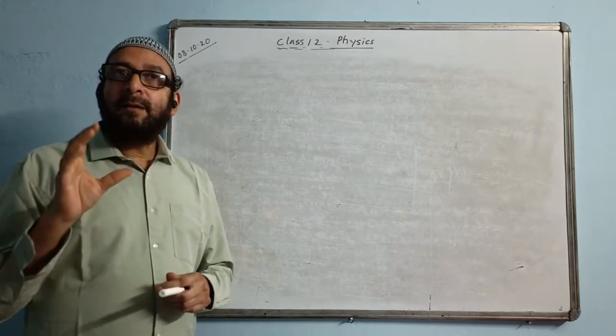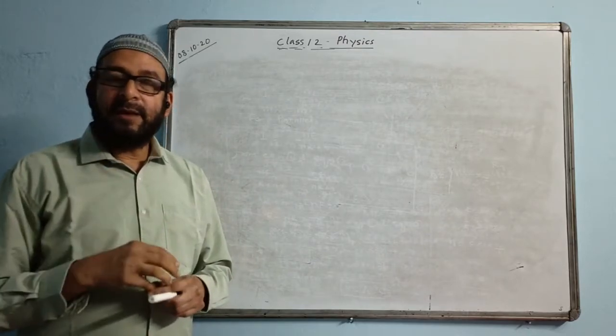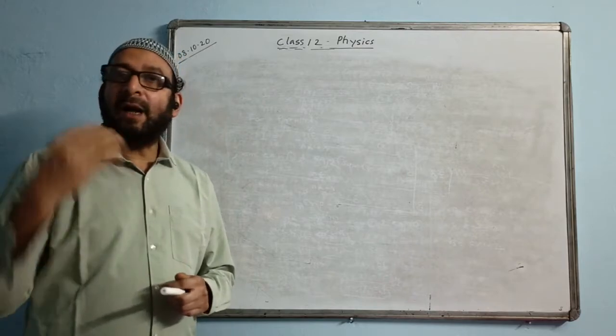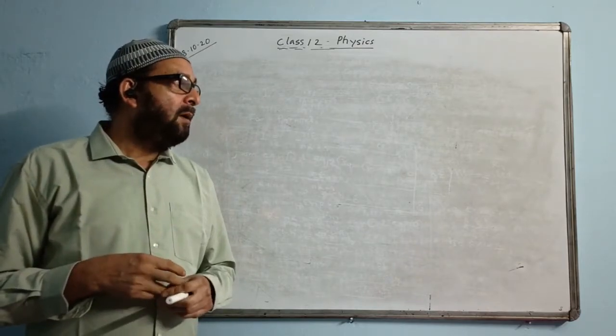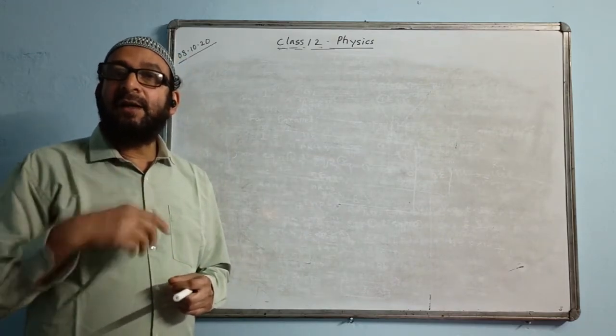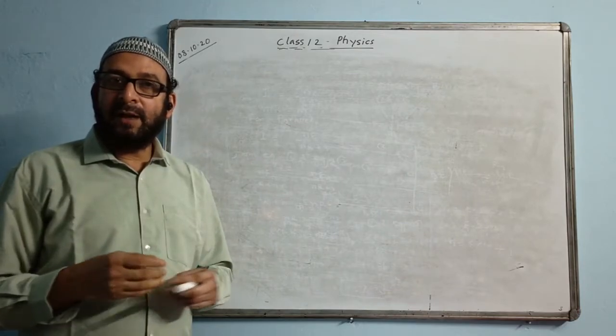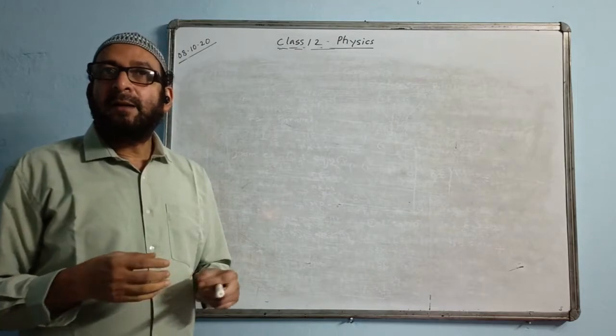And a voltmeter is a voltage related device. So it must have a very high resistance, as high as possible. An ideal voltmeter should have infinitely high resistance. So that is practically may not be possible.